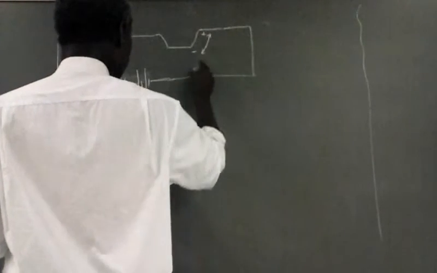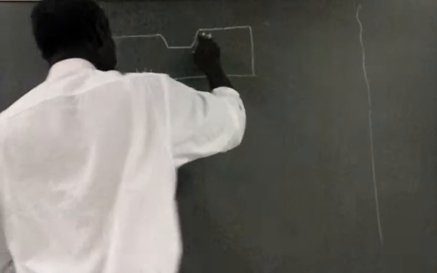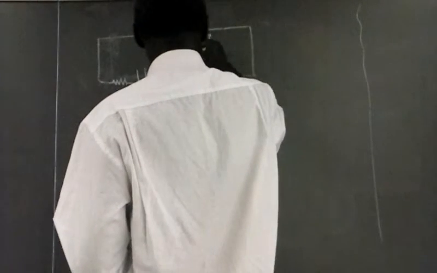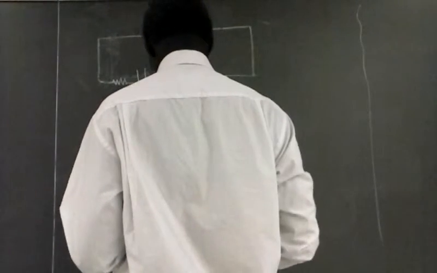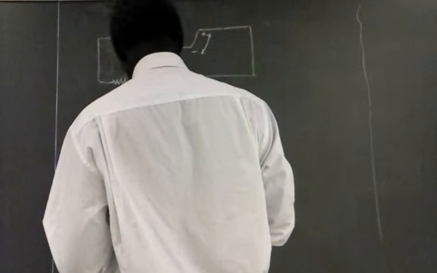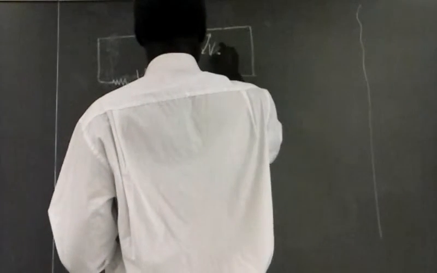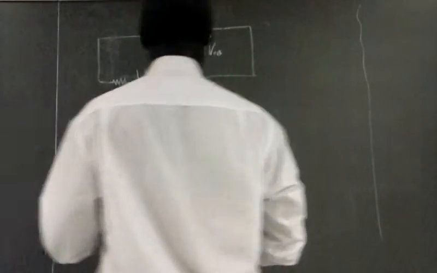Well, current will be flowing in this direction, and electrons flow from negative to positive, current flows from positive to negative. The polarity of this is VCB, the collector base.